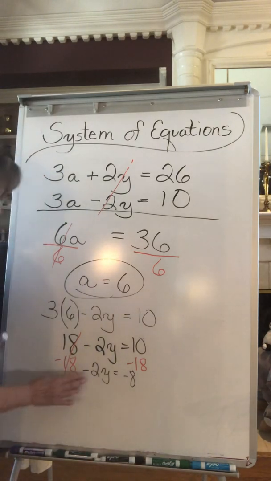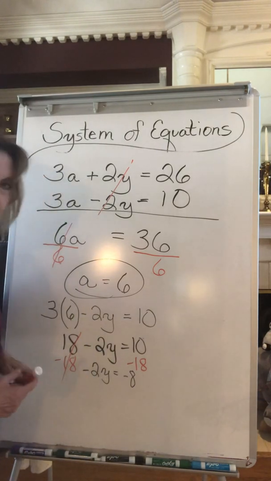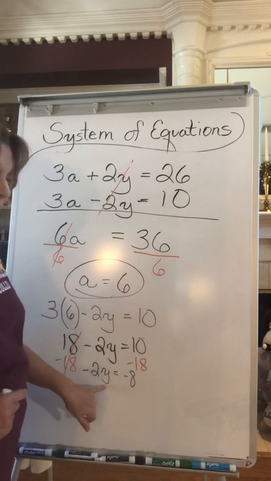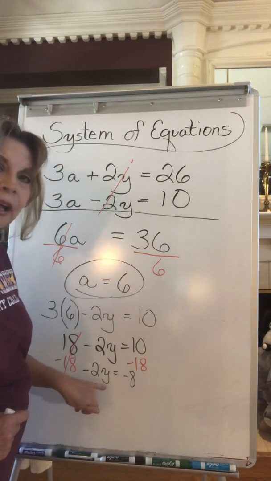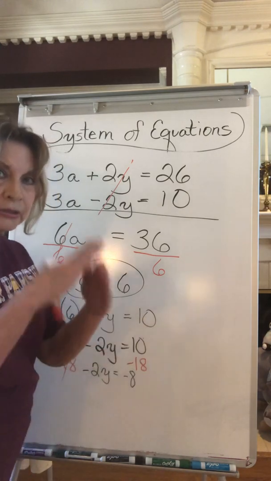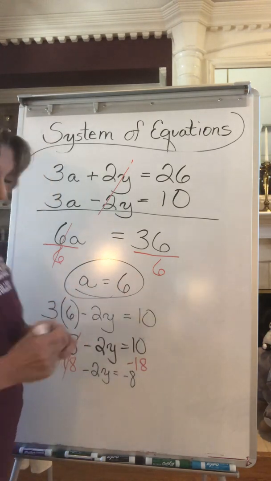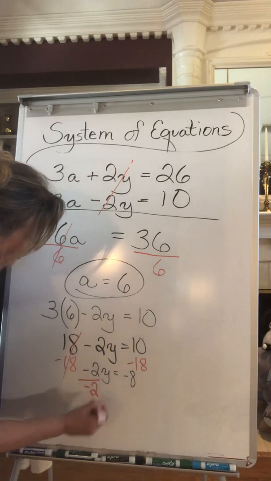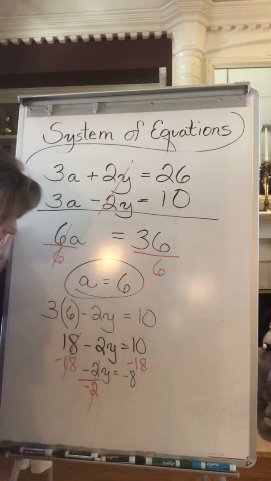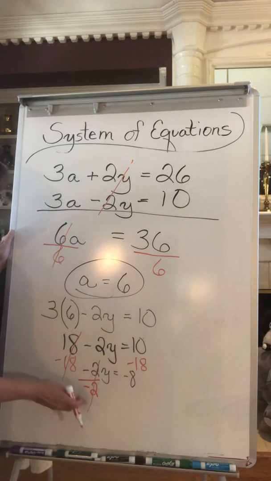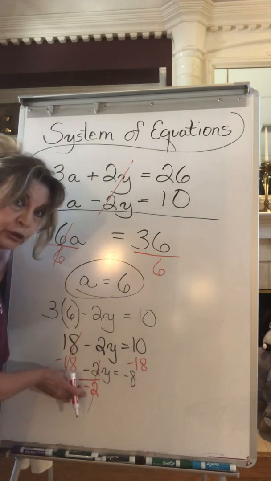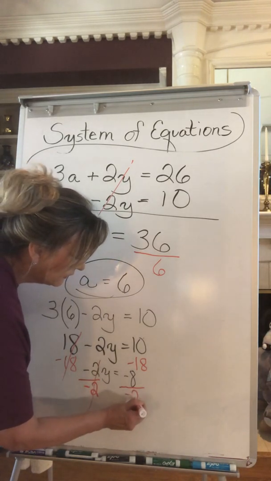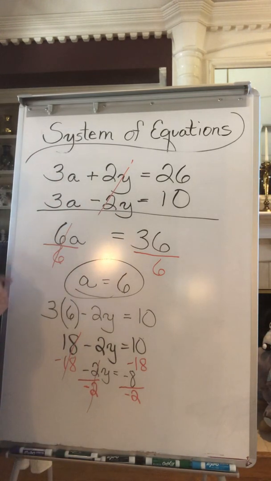All right, now I have a negative 2 connected to my unknown y. It's related to the unknown y by multiplying. The opposite of multiply is to divide. So I will divide right here by a negative 2, and I can cancel it out. But if I divide this side by negative 2, I must jump the equal sign and divide the other side by negative 2.